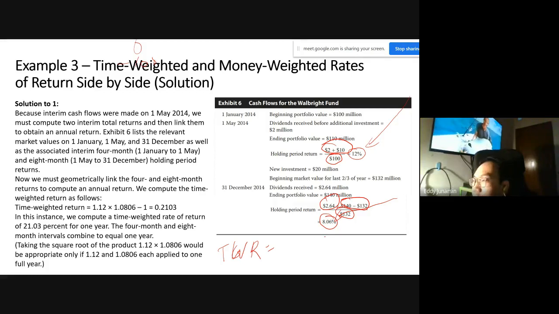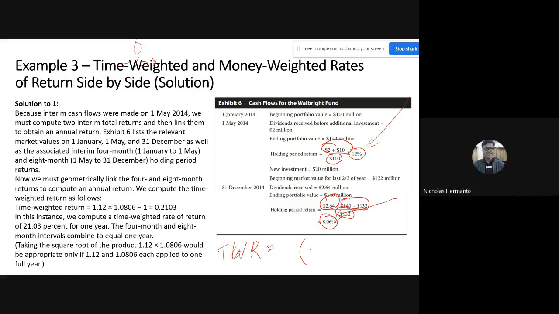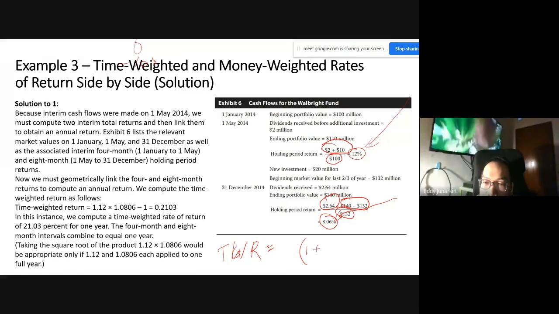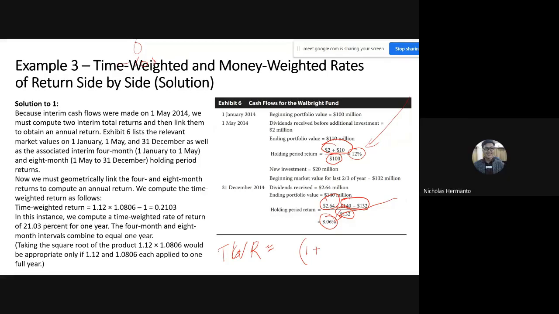Can you tell me quickly how to do it again? And you can remember also. One plus what? 1 plus 12%.